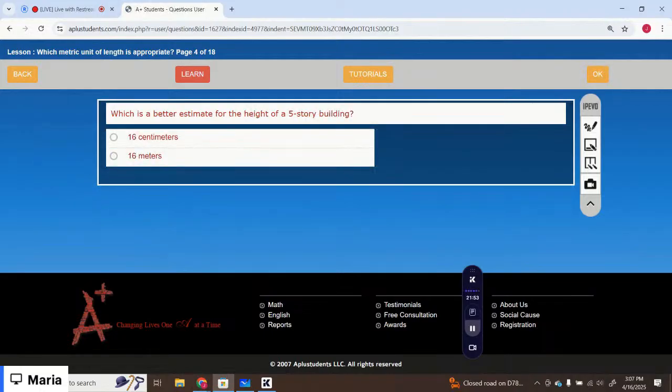Which is a better estimate for the height of a 5-story building, 16 centimeters or 16 meters? Which is the correct option?